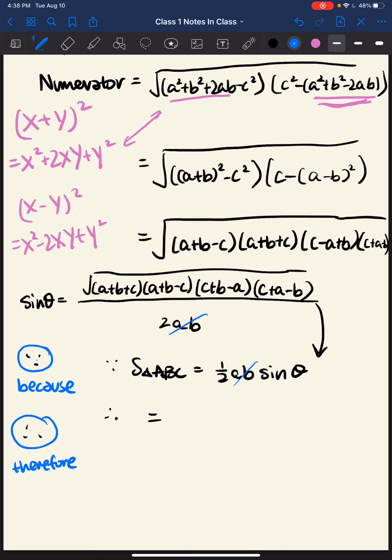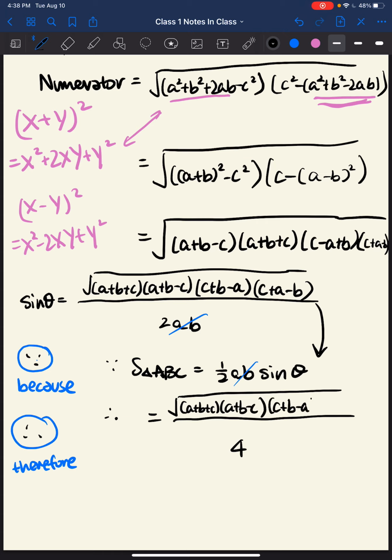So now it became this square root of all this big chunk over 4.